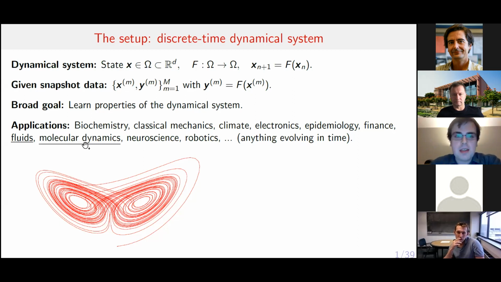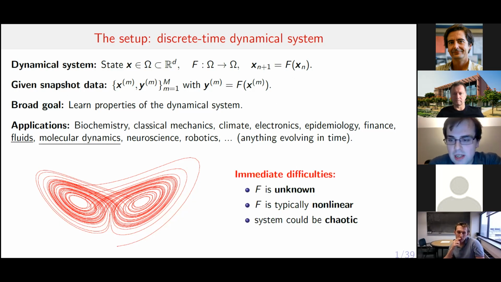Already you can see some immediate challenges. For example, f is typically nonlinear and unknown, and the system could be chaotic. You start with two initial points that are close together, and then they diverge very quickly.